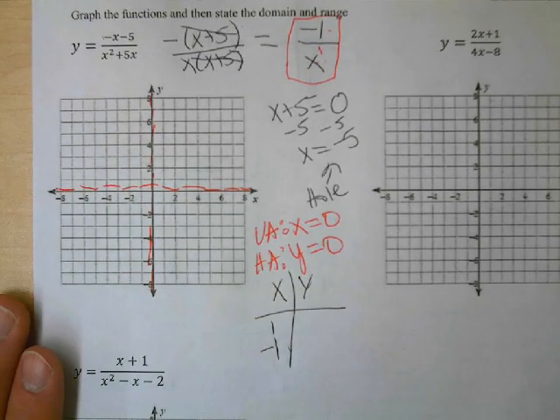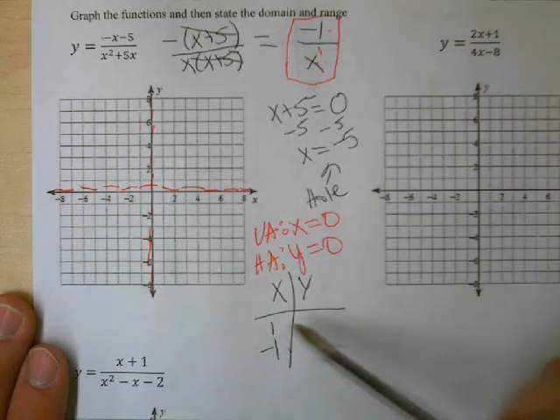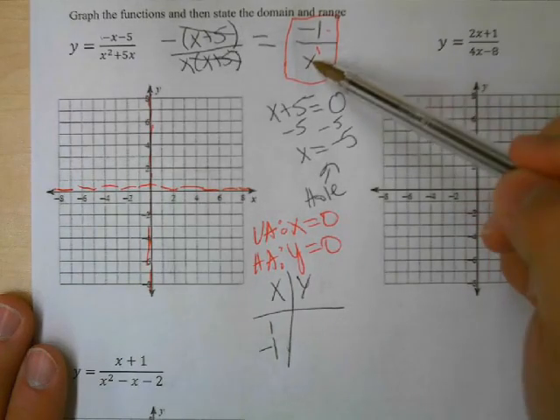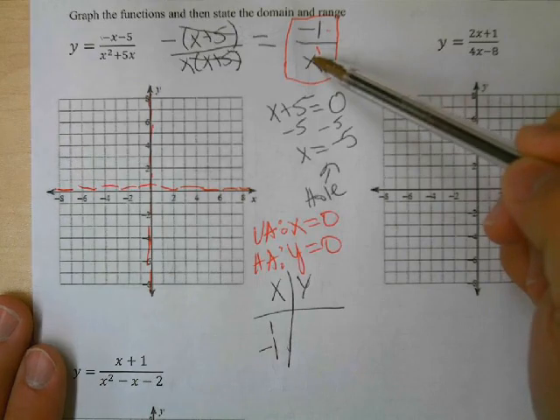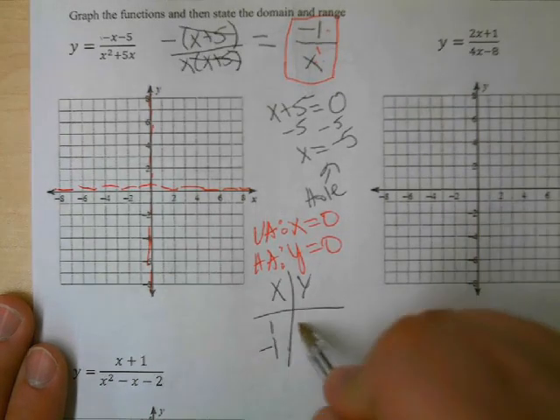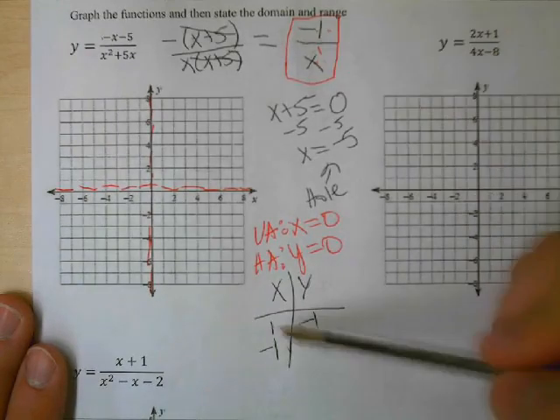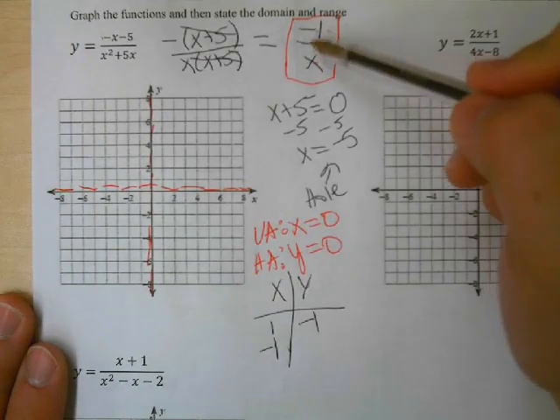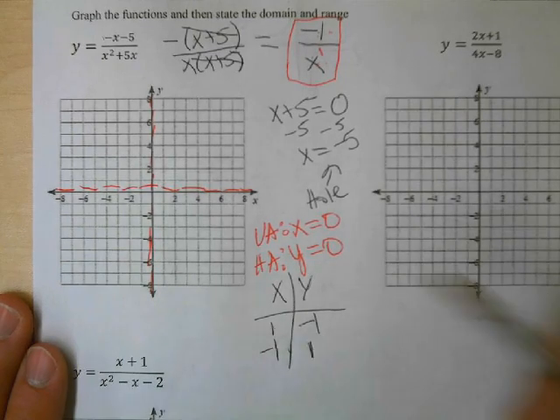I like to pick those points. Now, I'm not going to plug this into my calculator, because you guys should be able to figure this out. If I plug 1 in to x, that's -1 over 1. What's that going to equal? -1, right. Now when I plug in -1, that's -1 over -1. What's that going to equal? +1, right.